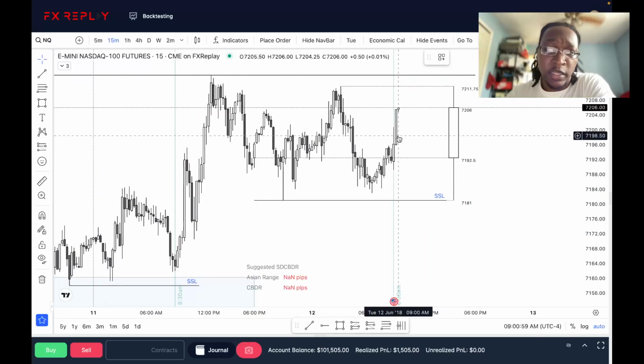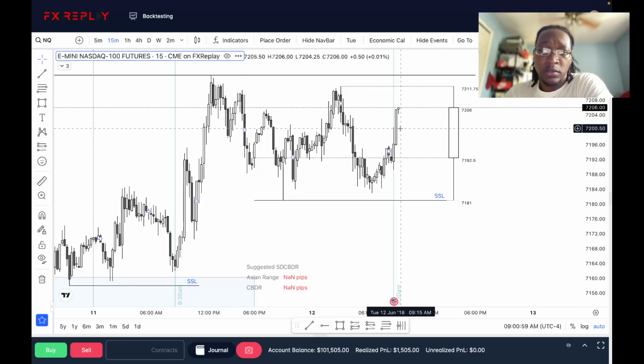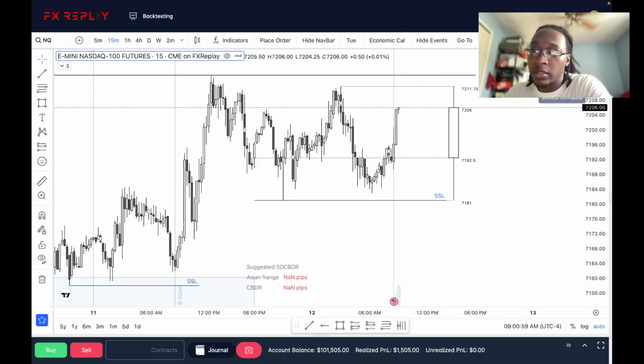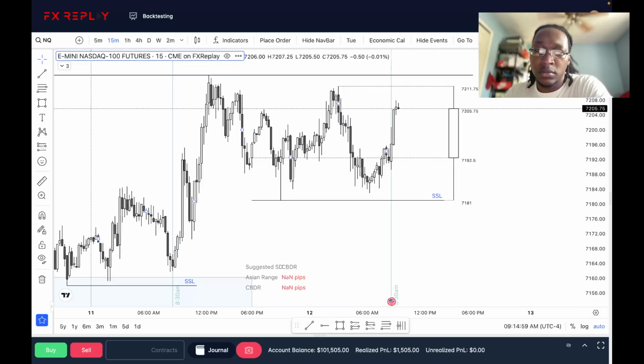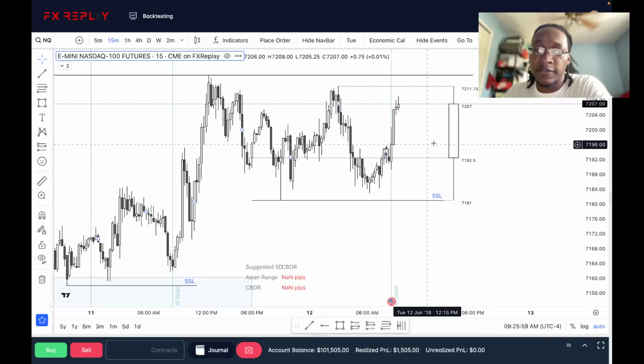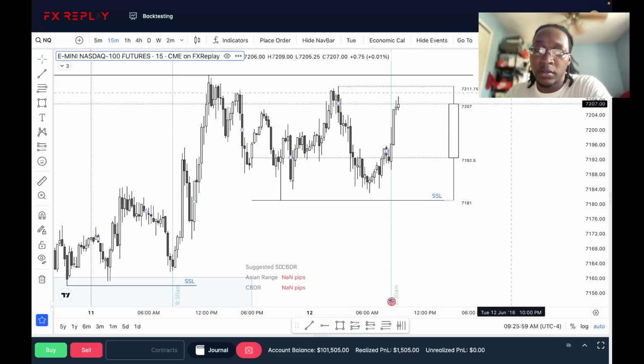And basing it off of 8:45's close here on the 15 minute, we may just continue pushing higher during 9:15 and 9:30, just for buy side. This is 9:15. We have this fair value gap here.